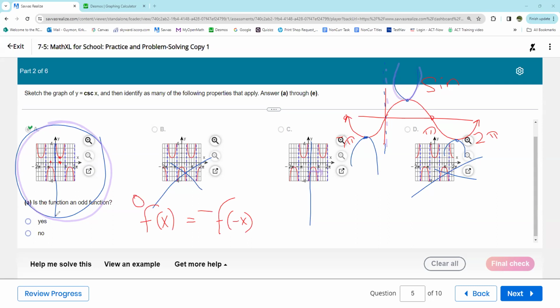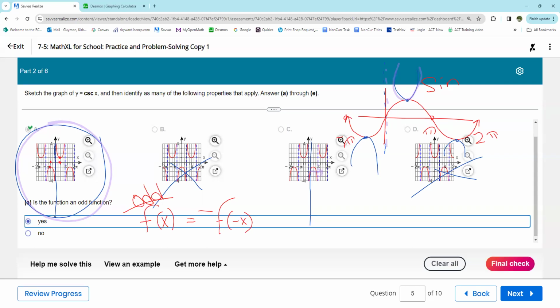For even, they come out to be equal, so they're symmetrical over the y-axis. For odd, the y is the opposite. So these do definitely appear to be the case. And what that means is that they have rotational symmetry around the origin. So yes, this is an odd function.